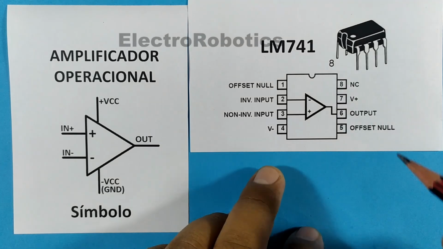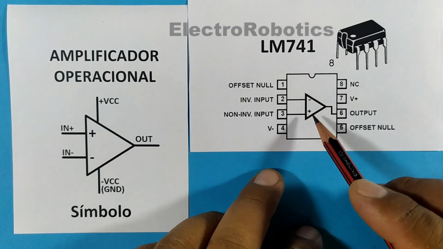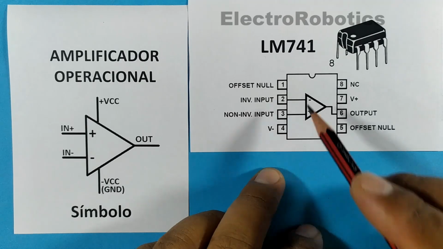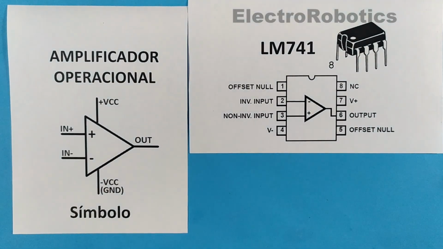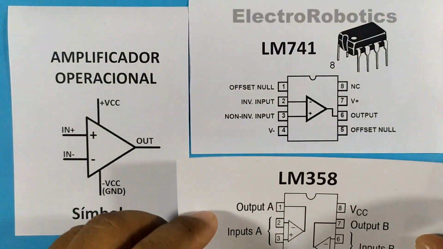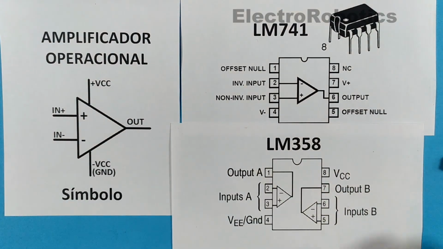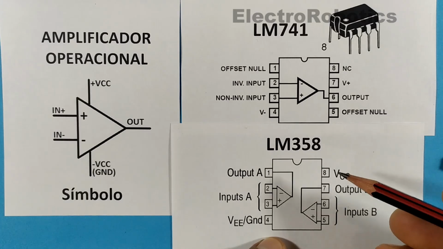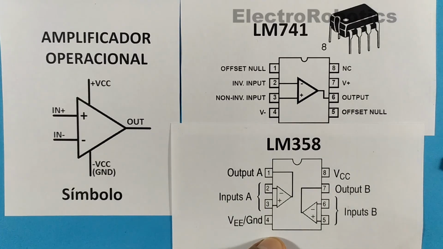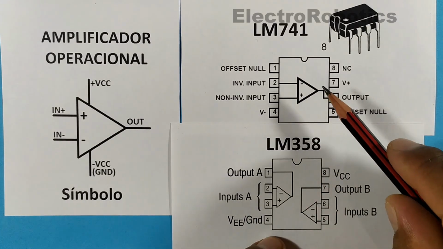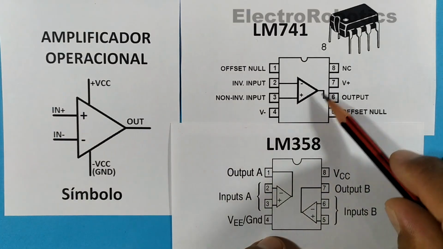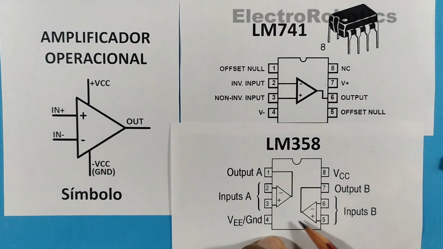It is that it only has 1 operational amplifier in its package. However, there are other models such as the LM358 that has 2 operational amplifiers internally. So it occupies all the pins of the 8-pin package. So we can have 1 operational amplifier in this type of package, or 2 operational amplifiers in the same package.